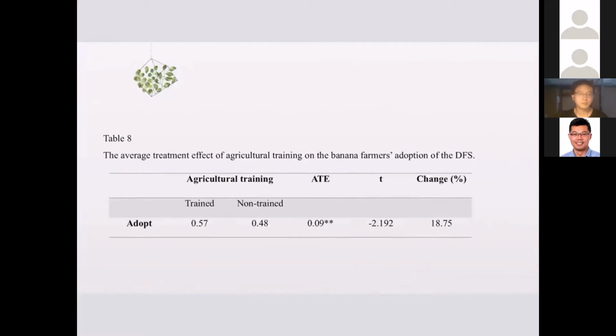Based on the results of the treatment effect model, we can calculate the average treatment effect of agriculture training on banana farmers' adoption decision.